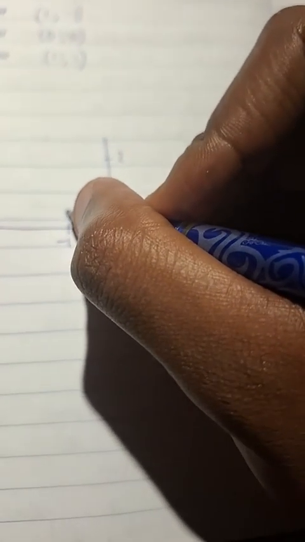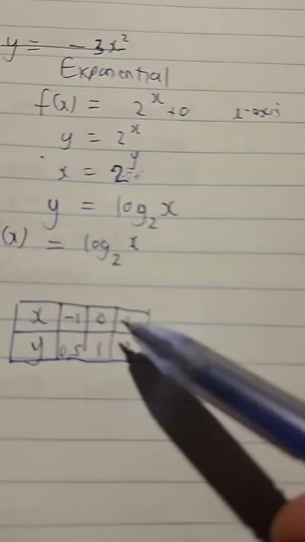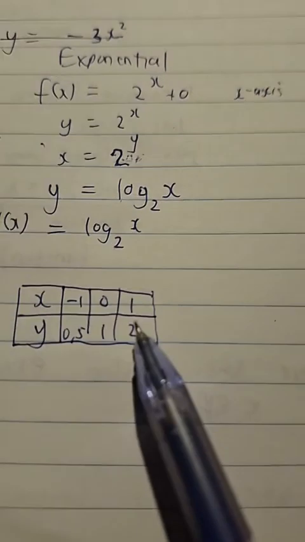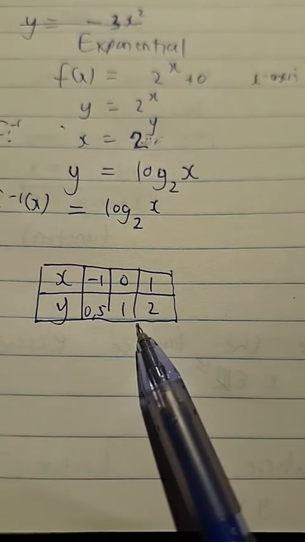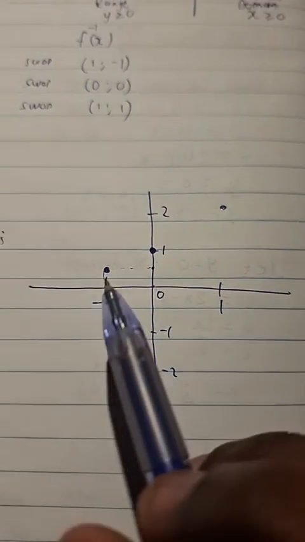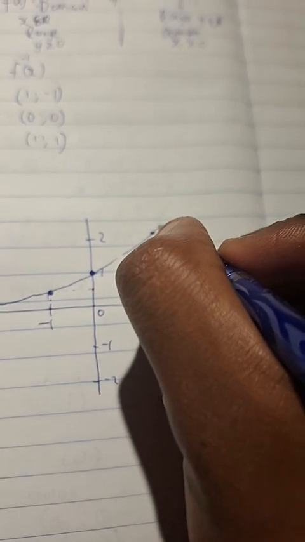They meet right there. When x is 0, y is +1. That's there on the y-intercept. And then last but not least, when x is 1, y is +2. So for our exponential function, guys, we simply sketch a nice, beautiful curve.